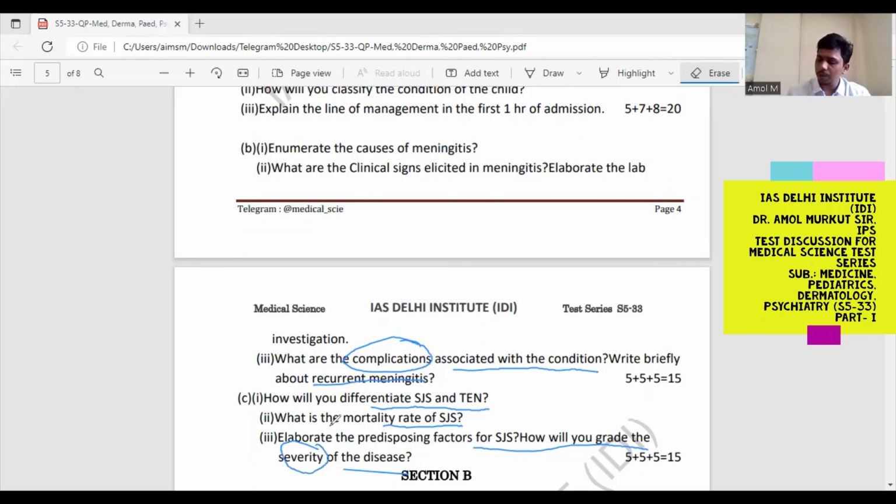For severity, we have the SCORTEN system of grading the severity of Stevens-Johnson syndrome. What you will see: body surface area involved, how much skin has been denuded, metabolic complications, then other predisposing conditions, comorbidities. These are the various parameters of the SCORTEN system according to which we grade the age of the patient and the severity of the disease. Okay.